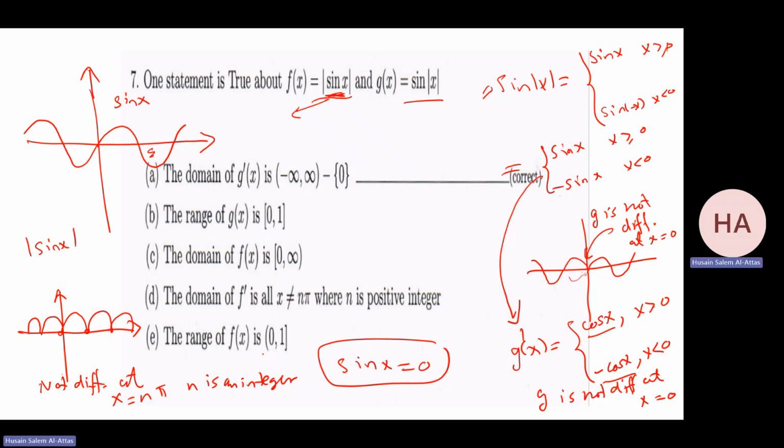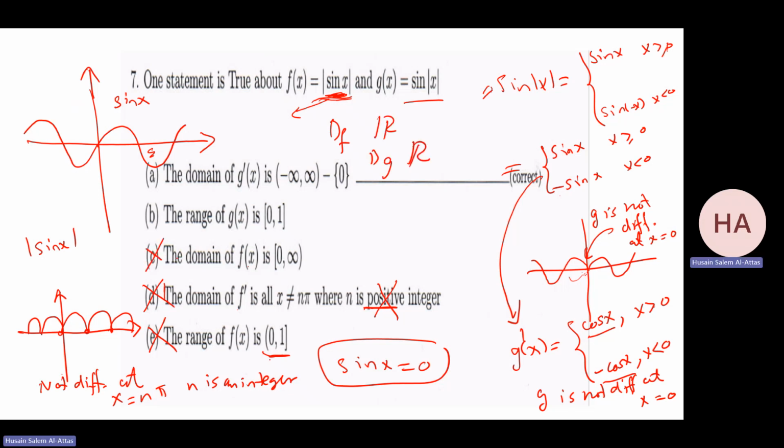It says the range of f means 0 to infinity. No. The range of this function, 0 included. So this is wrong. The domain of f prime, all this, where n is positive integer. No. Where n is any integer. So this is wrong. The domain of f is from 0 to infinity. No. Domain of f and domain of g are real numbers. There's no restriction.